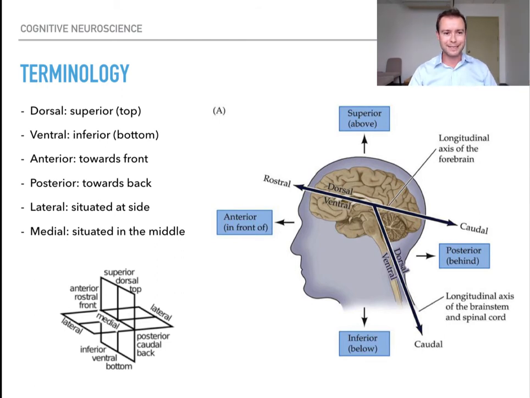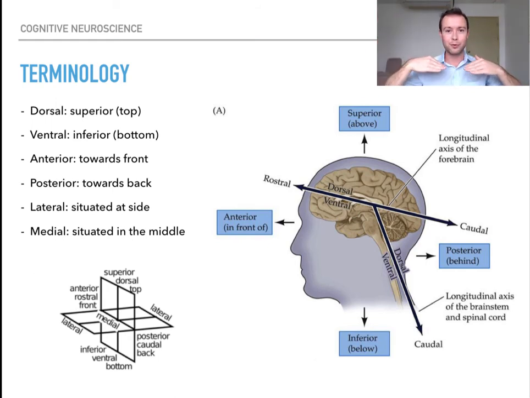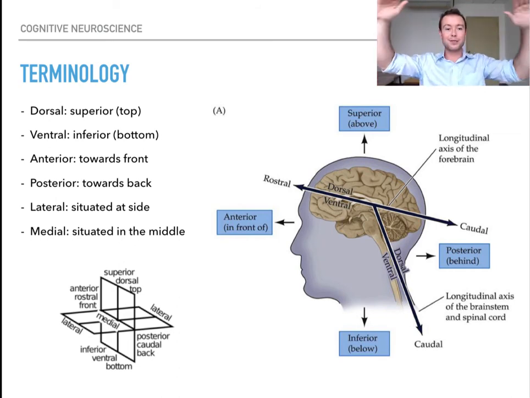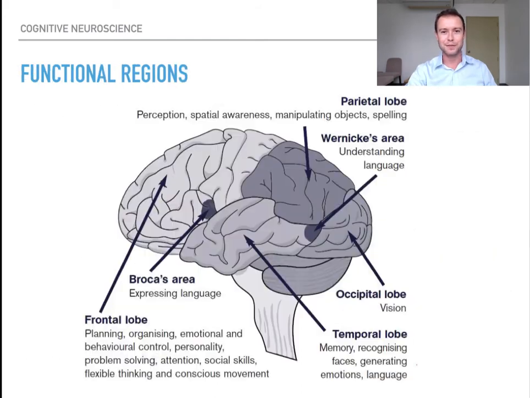Dorsal, superior, top. Ventral, in other words, something that is inferior or towards the bottom. Anterior is towards the front. Posterior, towards the back. Lateral things are towards the side, and medial is towards the middle. I'm sure there's a pretty good song and dance that could go with that one, but I'll let you do the moves.